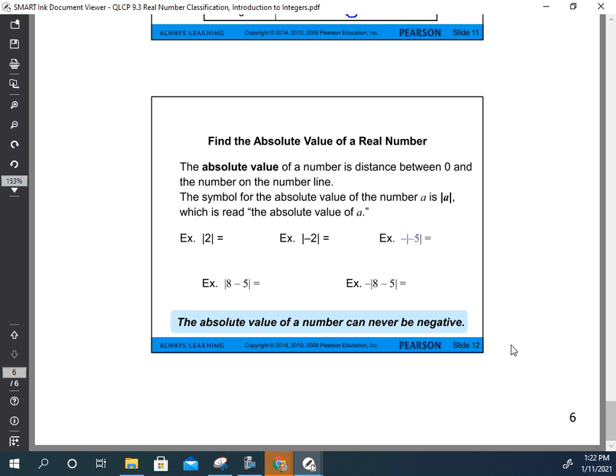Last thing is absolute value. Absolute value is the distance between 0 and a number on a number line. So how far is a number away from 0?